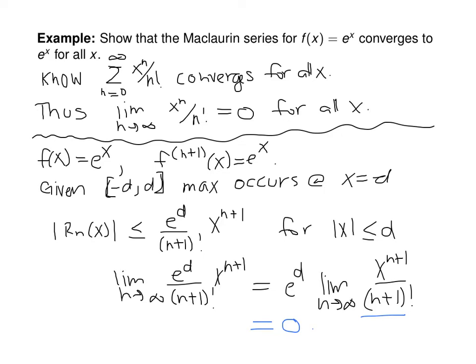And thus we know that e to the x converges to its Maclaurin series for any x. So e to the x is actually equal to the sum from n equals 0 to infinity x to the n over n factorial. In general, I'm not going to make you prove that, but just be aware that there is that technicality.